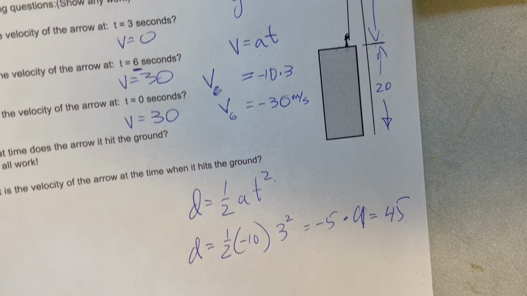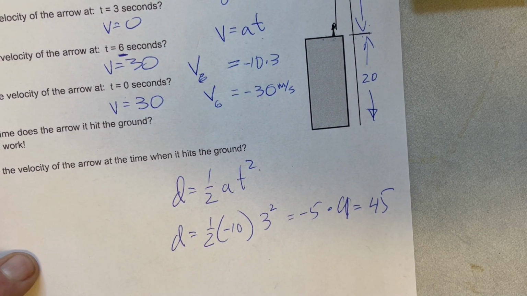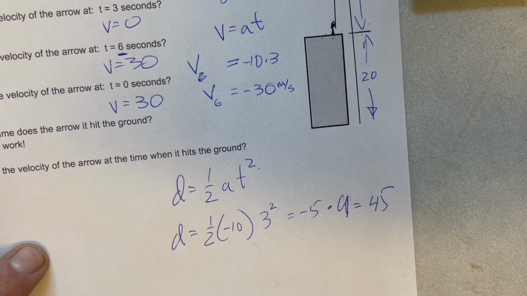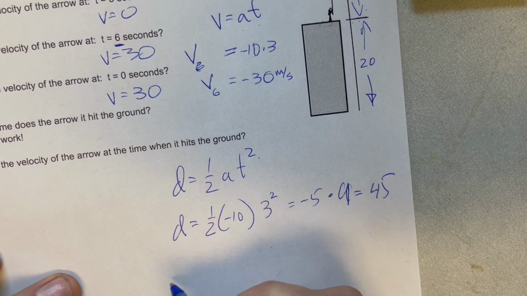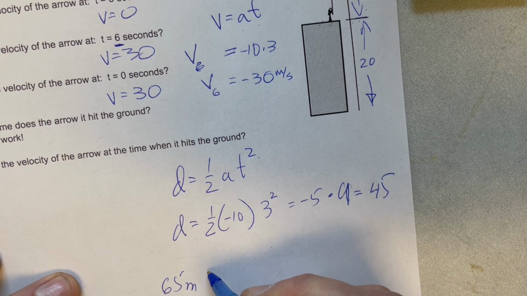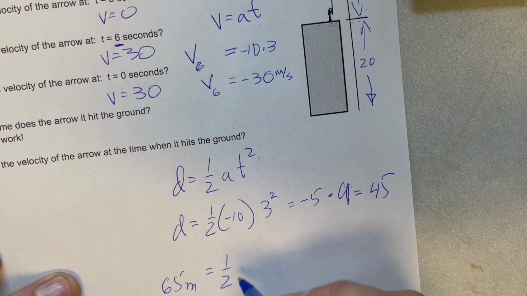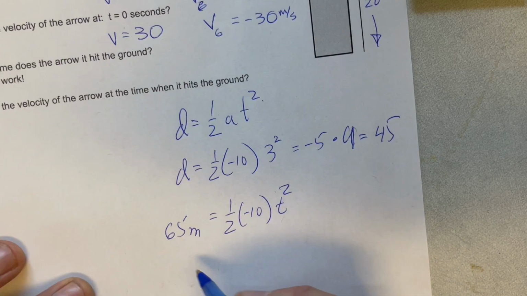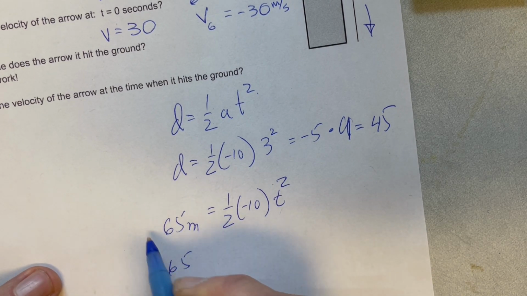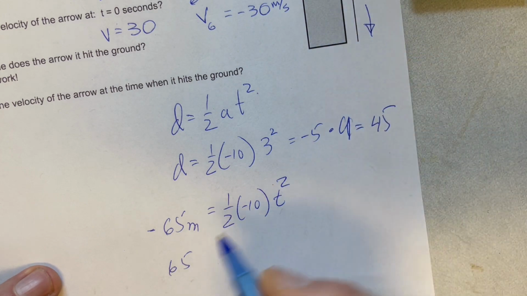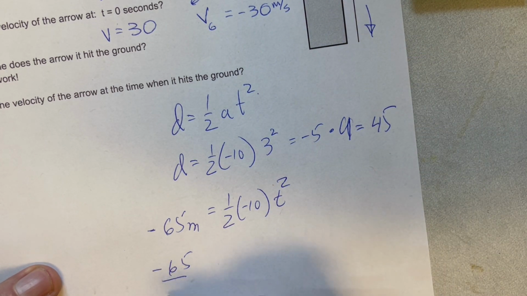I can then work backwards and figure out the time that it takes to hit the ground, okay? So if something is falling a total distance of 65 meters, and it's falling at 1/2 AT squared again, then I've got 65, and we can say that's -65 since it's fallen down, and I'm dividing by -5.